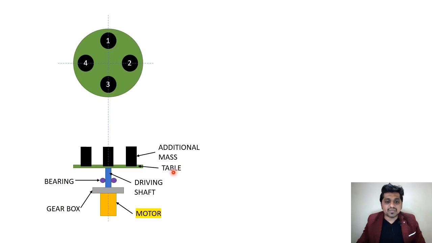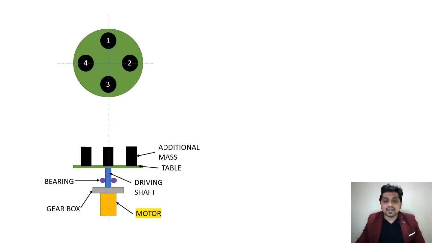We have an additional mass, we have an indexer table here, and then we have a driving shaft, we have bearings for the support, then we have a motor to drive this system, and essentially we require some gearbox if our output speed is very low. So in that case we have to put a gearbox in between, after the motor.